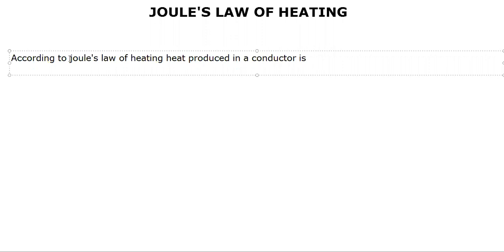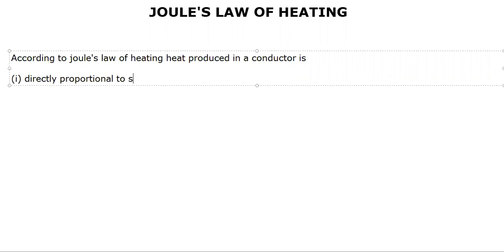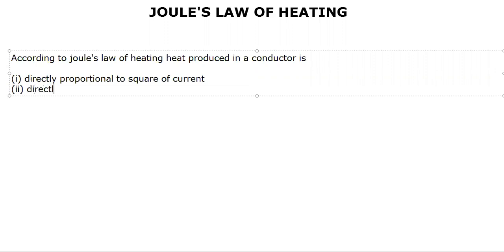Conductor is the first point, directly proportional to square of current. The first point given by him was that it is directly proportional to square of current. The second point was directly proportional to resistance.